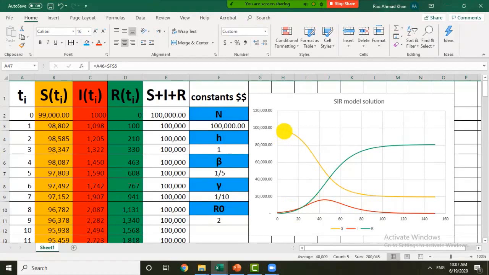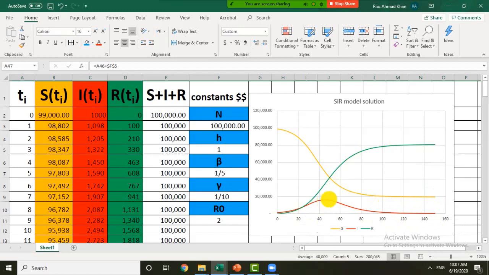Similarly, the susceptible population curve is decreasing, and after some time it is flattened. Whenever the infected curve is also flattened, and we can see that the removed population curve is increasing, and after some time all the curves are flattened.